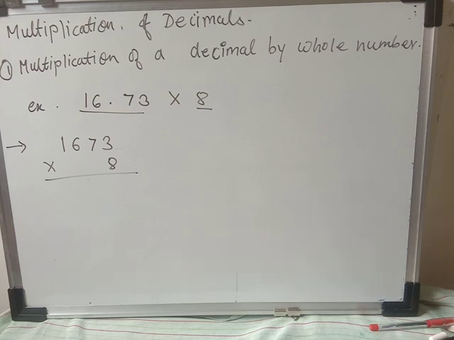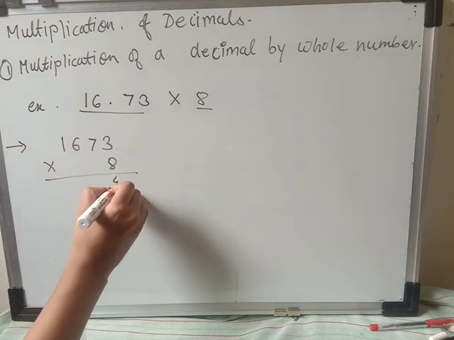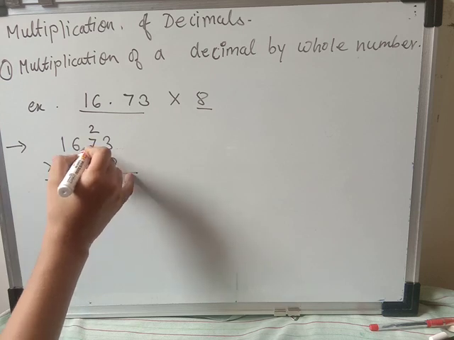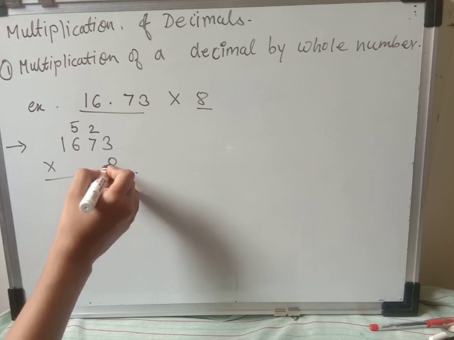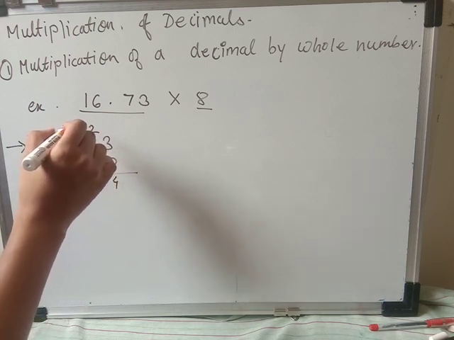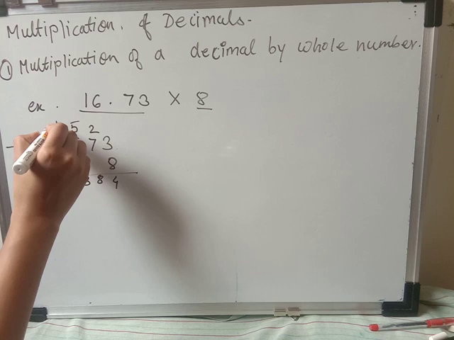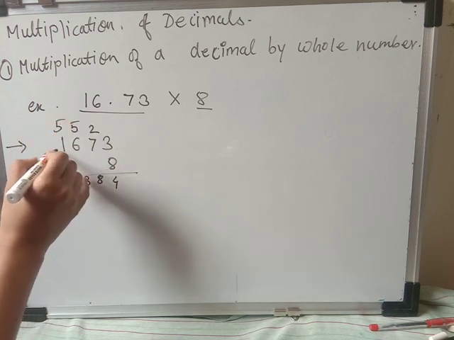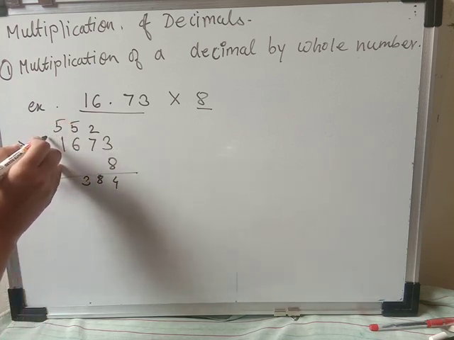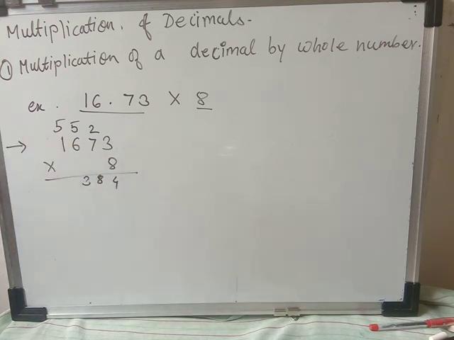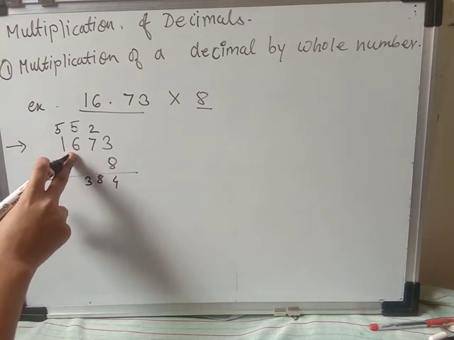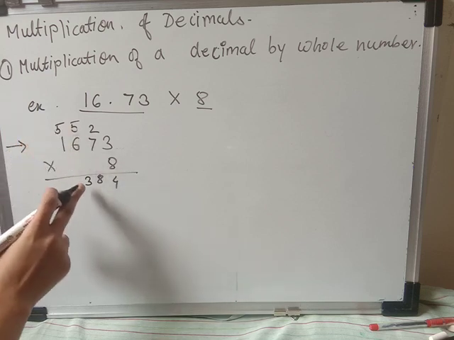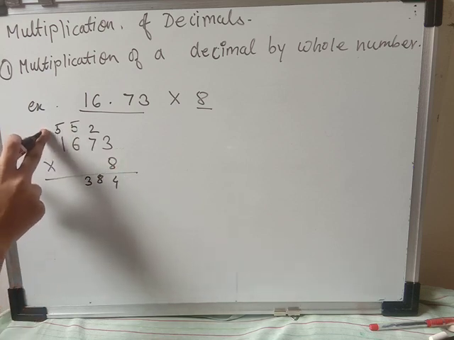Whole number se kiya. So here 8 3s are 24. 8 7s are 56, plus 2 is 58. 8 6s are 48, plus 5 is 53. 8 1s are 8, plus 5 is 13.